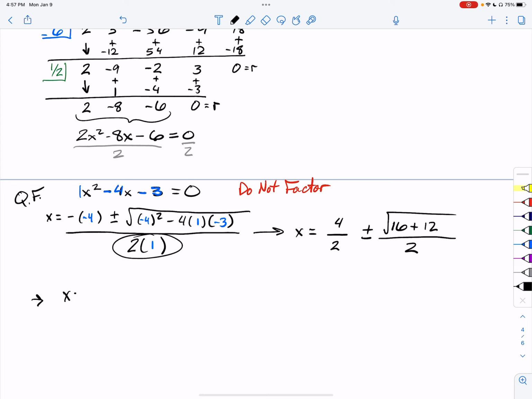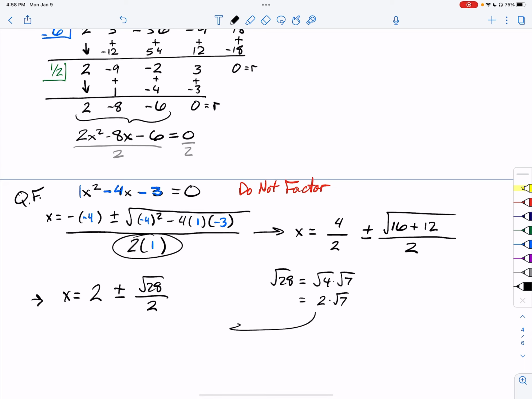All right, so this will further simplify to 2. 4 over 2 there reduces. You get a radical 28 over 2. And now remember, radical 28 is one of these radicals that we can break down into a factored form of radical 4 times radical 7, which is beneficial because radical 4 is just 2.